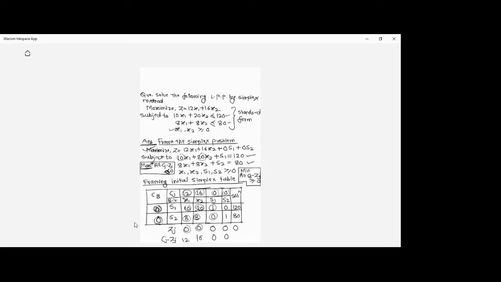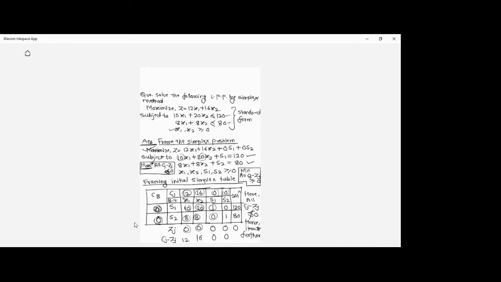So if you see, all the cj minus zj values are greater than or equal to 0. But as this is a maximization problem, we require all cj minus zj values to be less than or equal to 0. Here they are not, so hence iterate further.